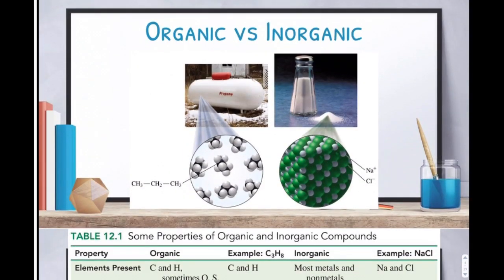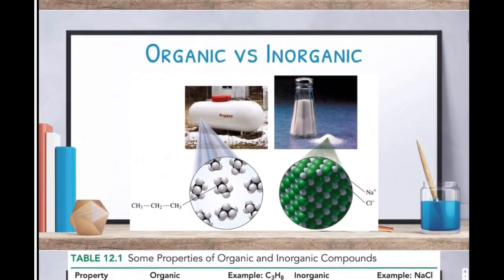So, organic versus inorganic. We've got sodium chloride on the right. As you can see, sodium chloride is formed not necessarily of molecules, but of a formula unit. And it is a 1-to-1 ratio between sodium and chloride ions, versus your molecule of propane here.